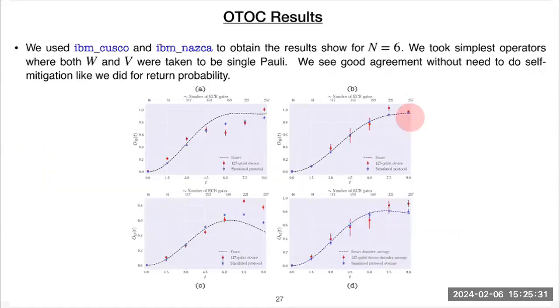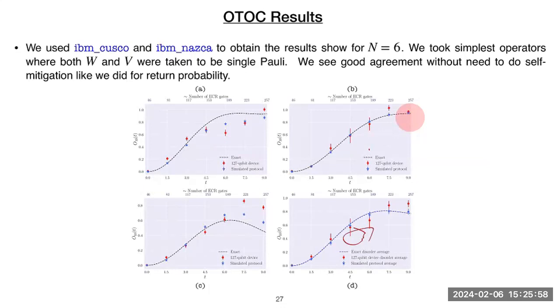And we ran the calculations on these IBM machines, and we did 3 instances for this model. The first instance, second instance, third instance, and this is the ensemble average over the 3 instances. And we see that, for example, in this case, the blue points are the simulated protocol, the black is the exact one, and the red is coming from the quantum computer.